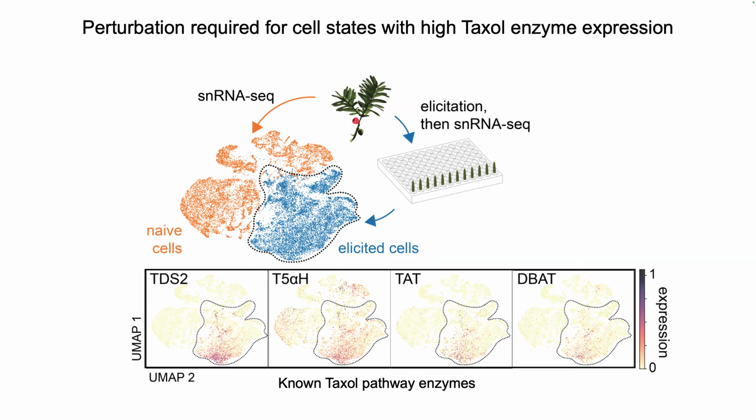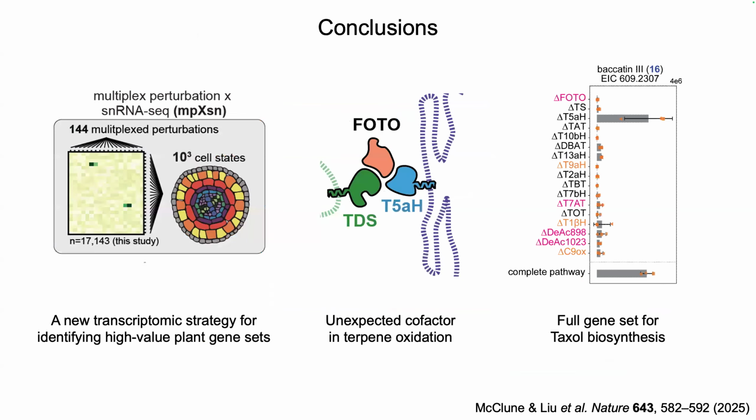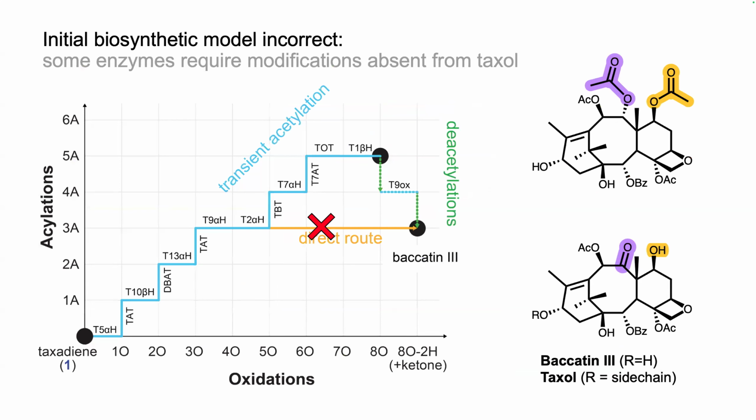Yeah, Tui, please. Hi, Connor. Excellent presentation. When you were talking about some protection and deprotection, or acetylation and deacetylation of the intermediate, I was wondering if it has anything to do with transporting of these intermediates between cell types.